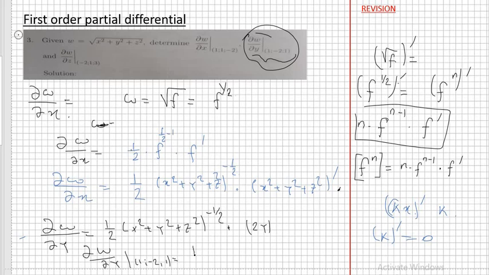So I'm going to have 1 over 2 multiplied by 1 squared plus, the value of y is -2, so we have (-2) squared, plus the value of z is 1, so you have 1 squared, then multiplied by 2y, where y is equal to -2. So you just need to compute this and get the answer.